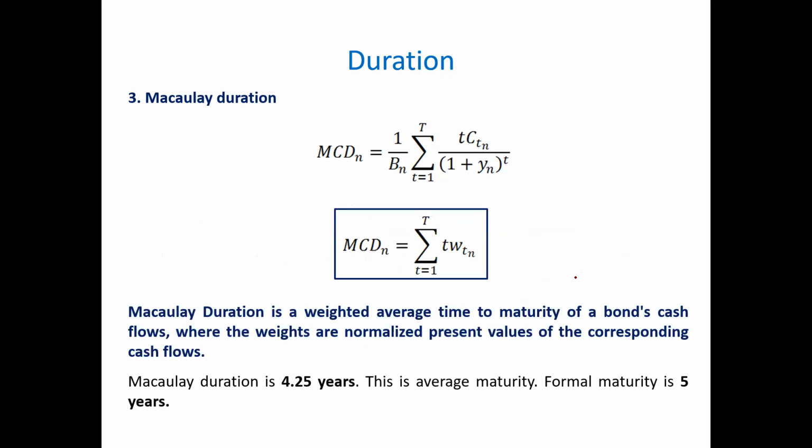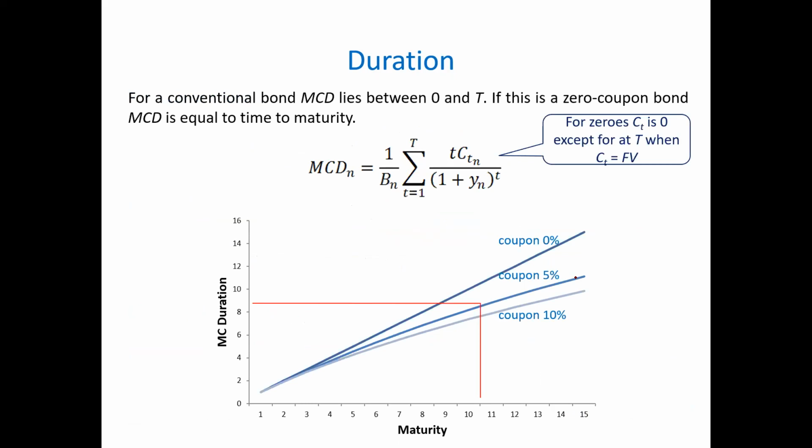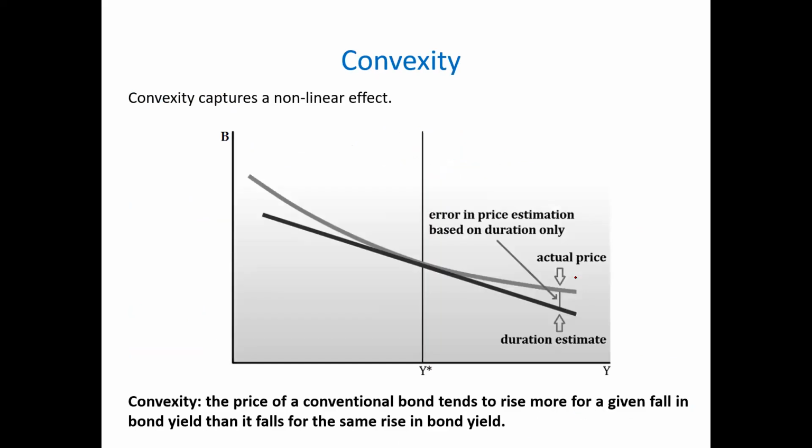So let's move to the next concept, convexity, which is related to duration. So here we have dependency between the bond's price and the bond's yields. I remind you that this dependency is inverse. An increase in the bond yields means a decrease in the bond's price.